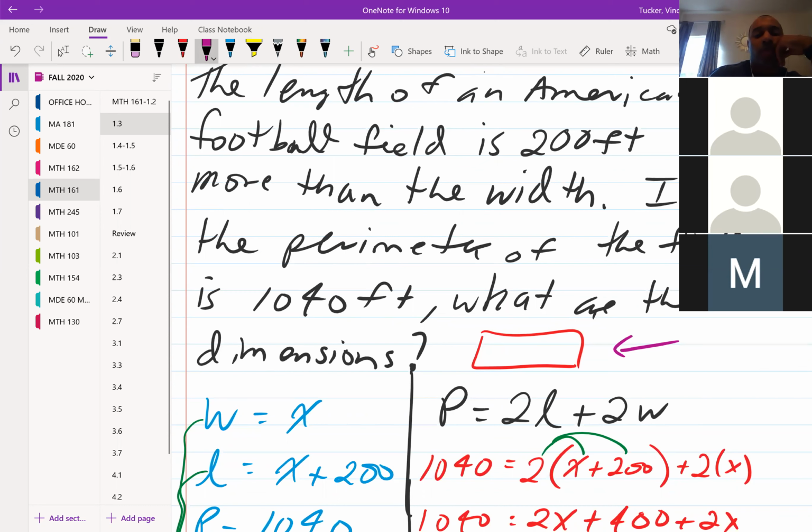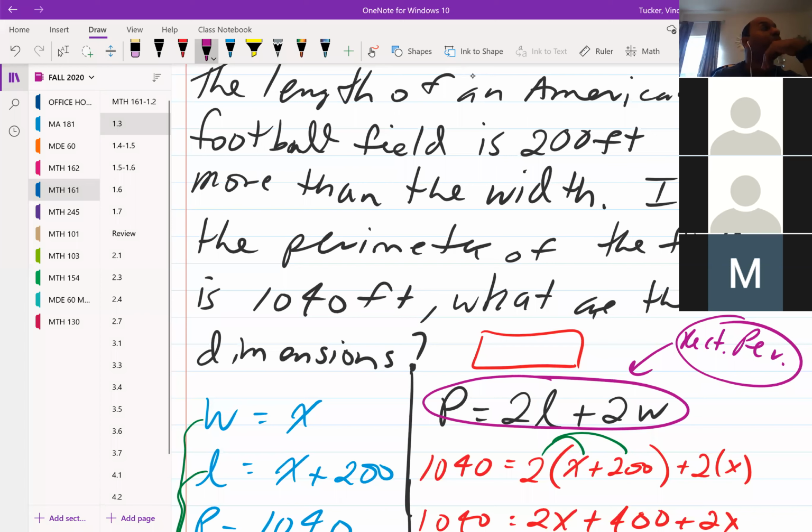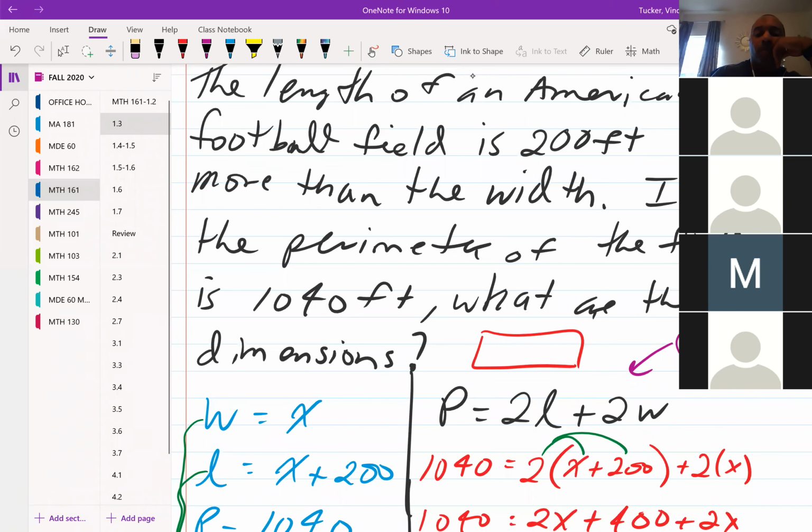And so first thing we can do is establish the perimeter formula is P equal to 2L plus 2W for the rectangle. So the rectangle perimeter is P equal to 2L plus 2W. So we need an algebraic representation for P, L, and W, and that's what I have over here.